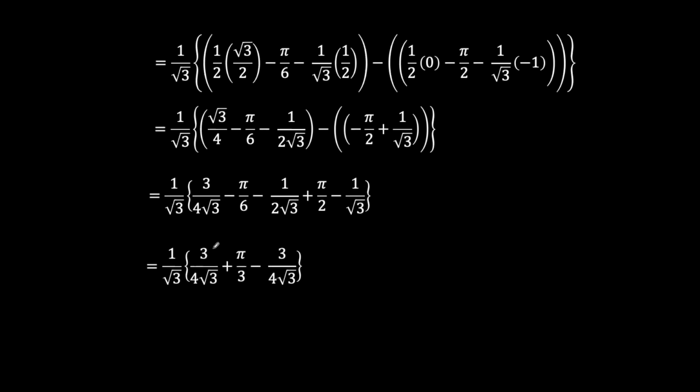So essentially, what happens here is when this gets bunched with this, it becomes negative 3 over 4 root 3. And since we already have 3 over 4 root 3 here, this and that cancel out. And so we are left with 1 over root 3 times pi over 3, which is the answer we were looking for. And it's the same as what we obtained previously.